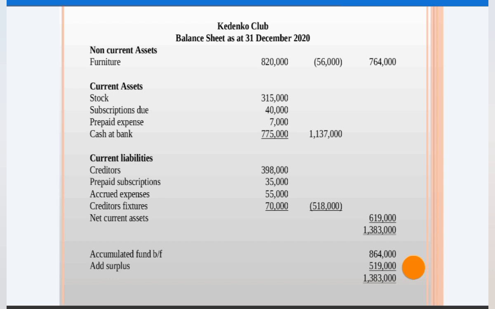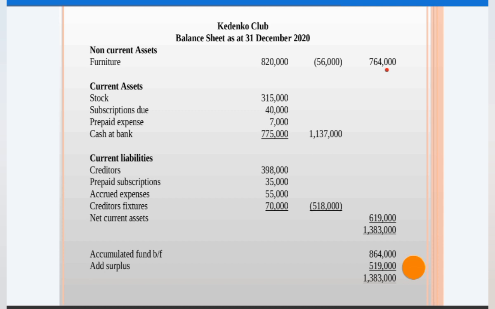We said that for the balance sheet, we have no difference between that of a profit making and non-profit making organization. So you'll find that we have the furniture whose total cost is 820,000. The original 300,000, plus the additional of 520 gives you 820,000, and we have computed the accumulated depreciation of 56,000.